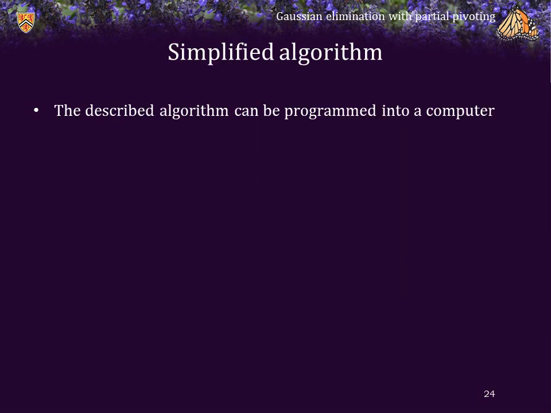Now, the algorithm that we described above is one that can be programmed into a computer, and that's something you should try yourself. However, in quickly trying to solve these problems, here is a simpler human implementable version.